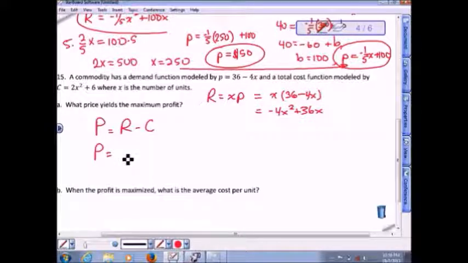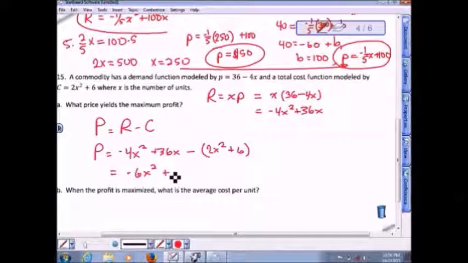So the profit is equal to negative 4x squared plus 36x minus the cost, which is 2x squared plus 6. So combining like terms, we're going to have negative 6x squared plus 36x minus 6.